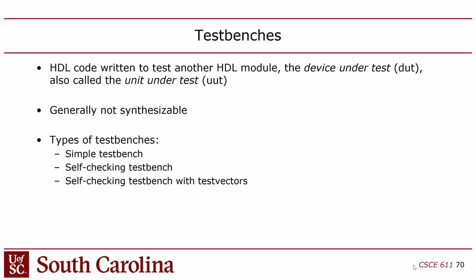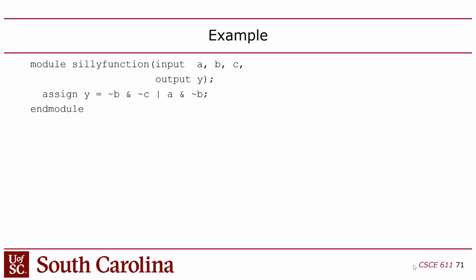The advantage with test vectors is that you don't have to embed the inputs and outputs inside the testbench. You can provide those as a separate file. So the testbench just reads a file and uses that to figure out what to use as the inputs and what the expected outputs are. You guys with me? That's the test vectors file. It's a little bit more complicated because you have to start doing file I/O with Verilog, but that's a very common way to do it.